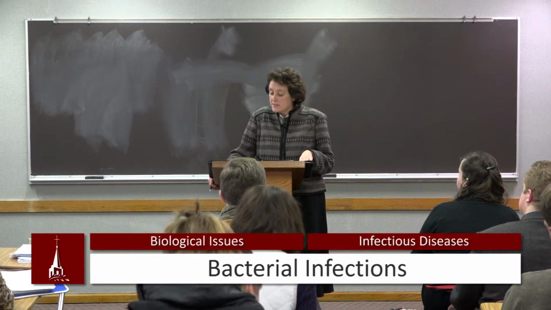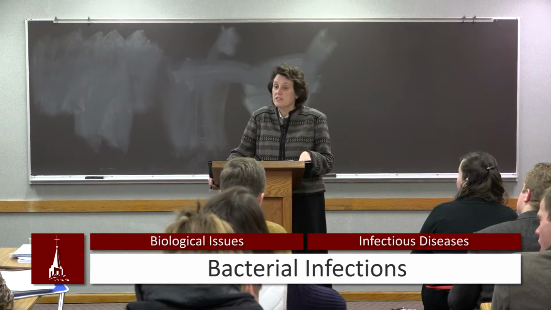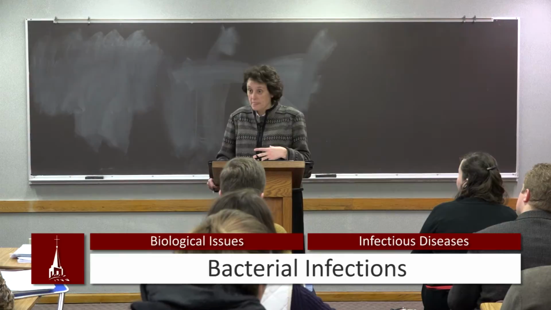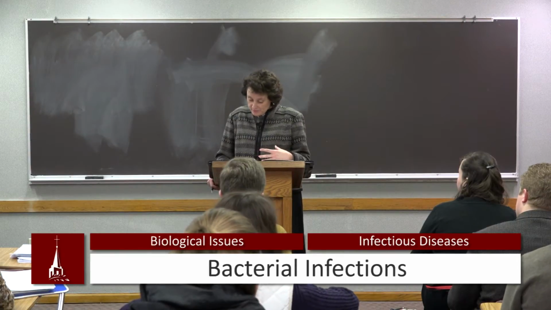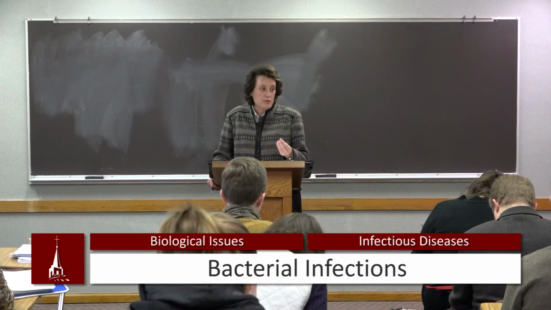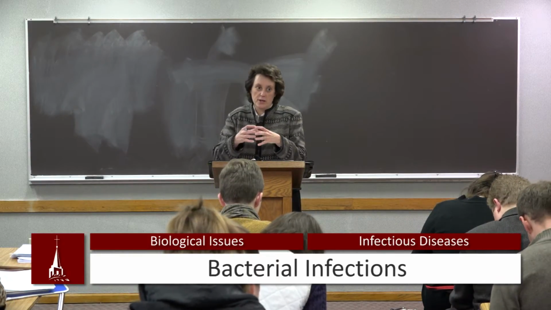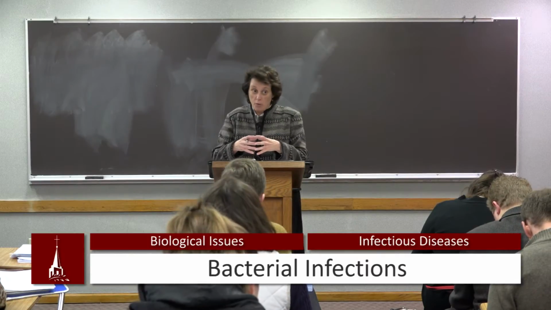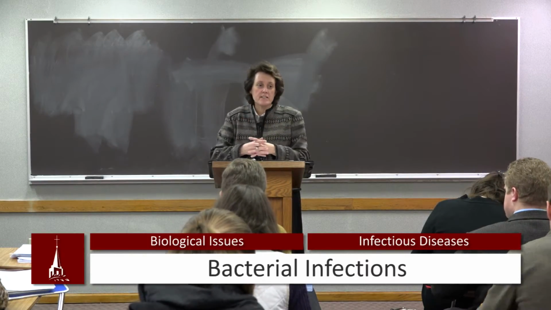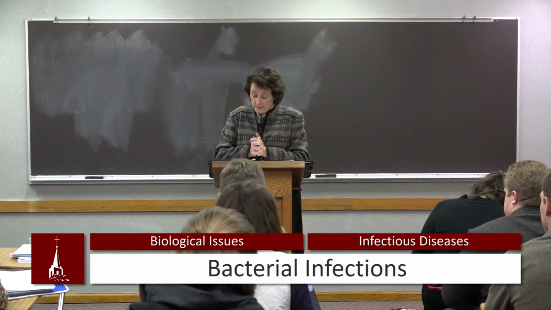So what happens is many pathogenic bacteria have extra features that allow them to evade the immune system. For example, there are bacteria that have a capsule. In addition to their cell structure and their cell membrane and their cell wall, they have an external capsule, which makes it very difficult for the white blood cells to attach to it and destroy it.